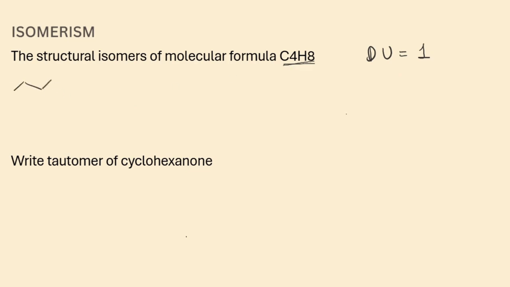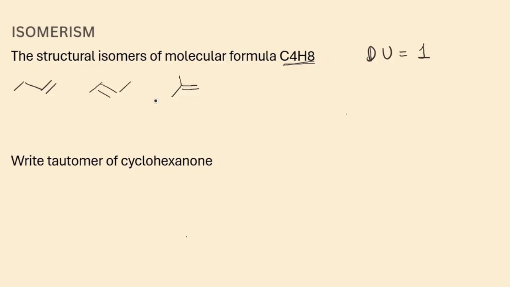Since there are 4 carbons, you can write a double bond between the first and second carbon. So this becomes 1-butene. You can write even 2-butene. 3-butene doesn't exist, right? And then you can do the branching also. This is called isobutene. So these are the 3 constitutional or structural isomers for open chain.